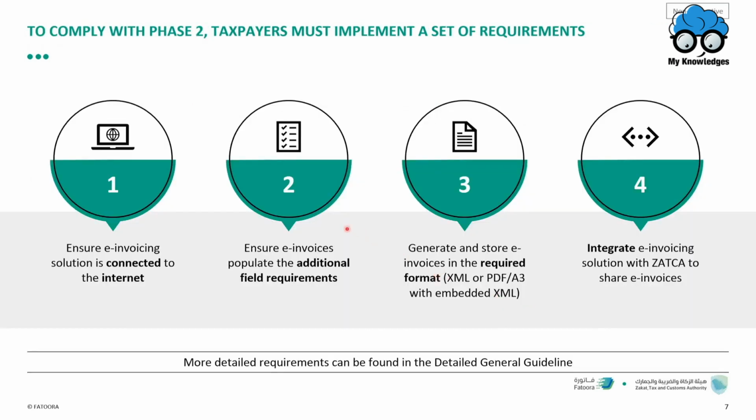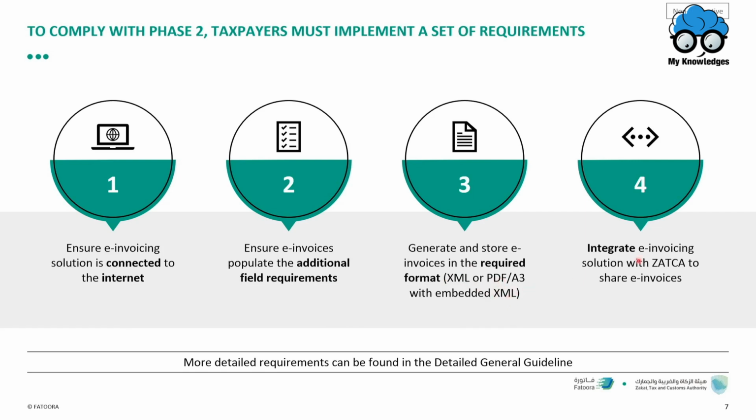To comply with Phase 2, which is the integration phase, there are 4 general requirements. Basically, the invoicing solution at the taxpayer side has to be able to connect to the internet, of course, so they can integrate with the Zatka platform. There are some additional fields required in Phase 2 that have to be populated in the invoice. Said invoice has to be generated and stored in an XML format, or a PDF/A3 with the same XML embedded within it.